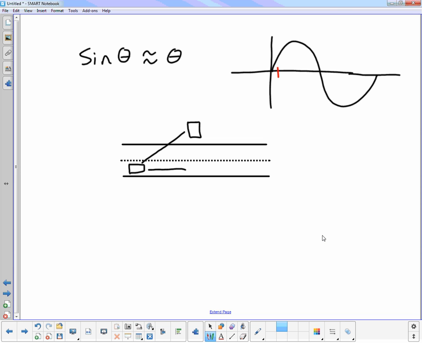Its curvature, rate of greatest change, occurs here and there and there, where it's actually changing the fastest. And we'll get to that.